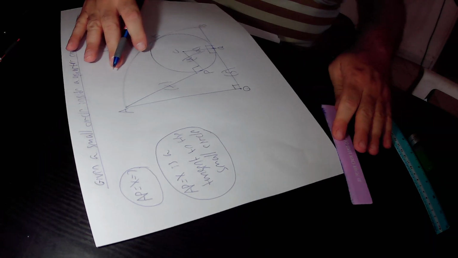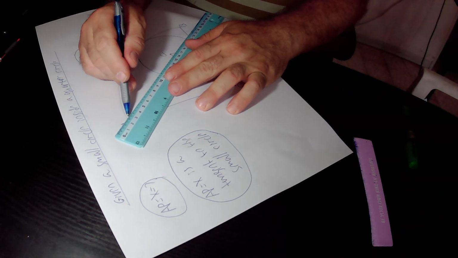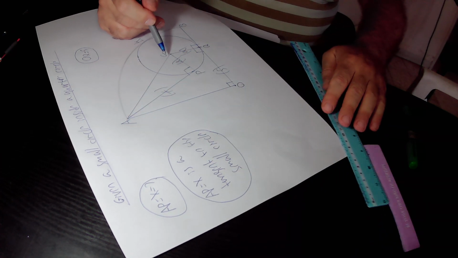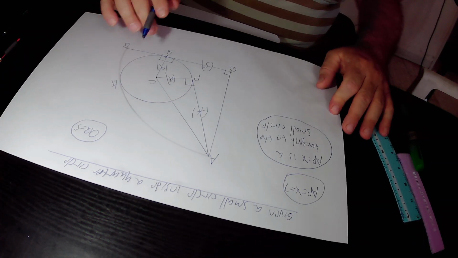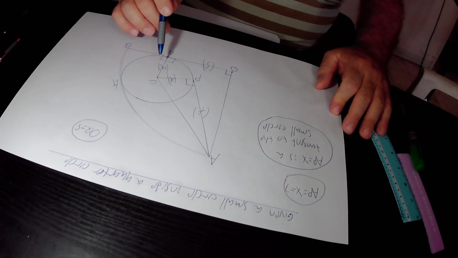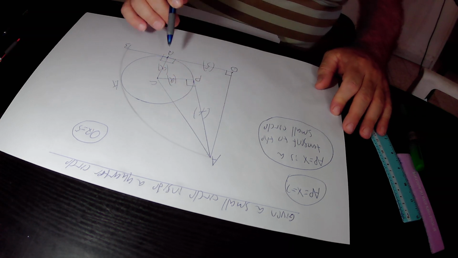In the next step, we join points A and C together by a straight line. By joining points A and C, we create the right triangle APC. In the next step, I'll copy the right triangle APC to a new page, and we'll implement the Pythagoras theorem on this right triangle APC.